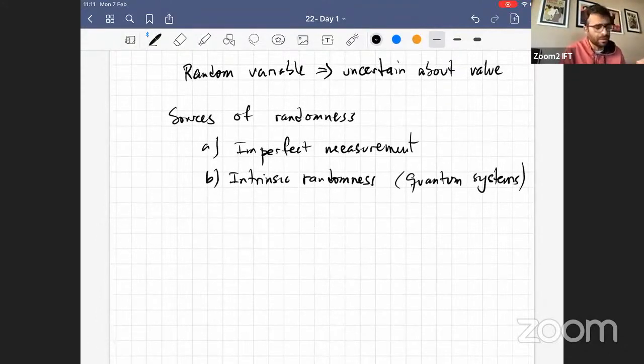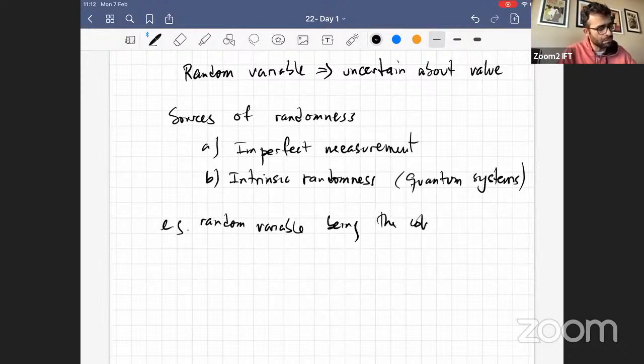Then how do we deal with random variables? We deal with probabilities, of course. For example, you may have a random variable being the color of a ball.